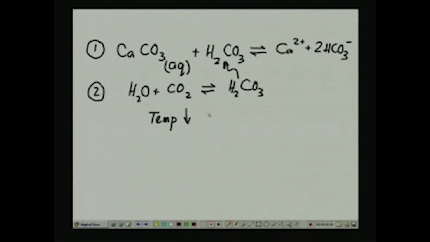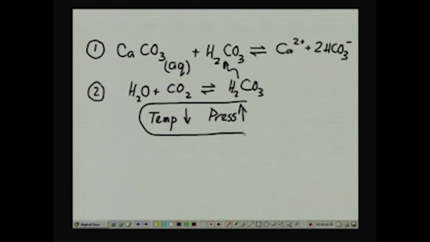Then if pressure goes up, more and more carbon dioxide gets dissolved in water, and that leads to the formation of more and more carbonic acid.